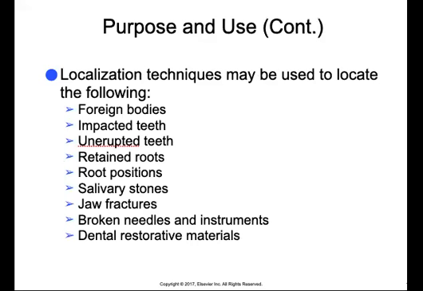They may be used to locate the following: foreign bodies, impacted teeth, unerupted teeth, retained roots, root positions, salivary stones, jaw fractures, broken needles and instruments, and dental restorative materials.